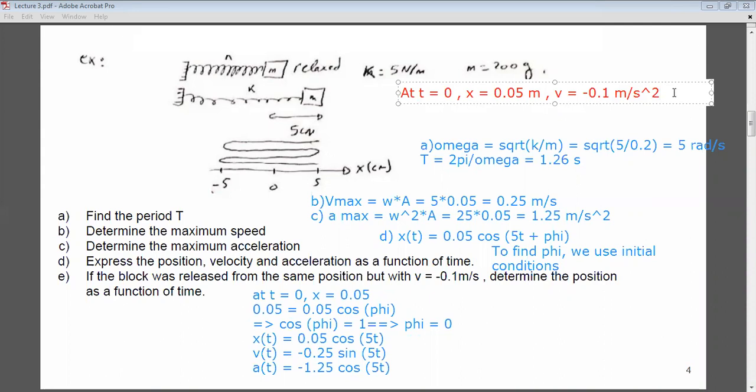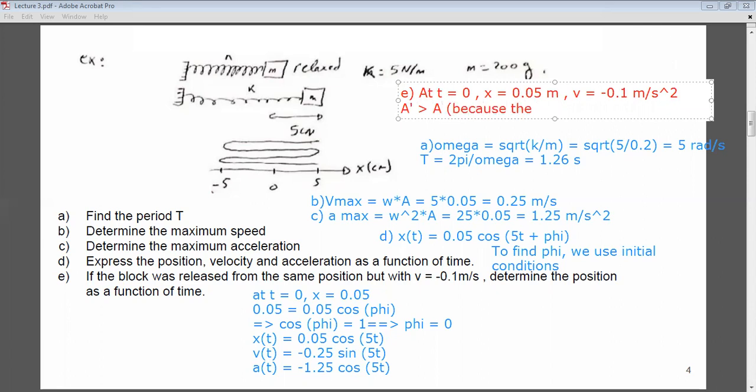This means in this case, the amplitude of oscillation was higher than 5 because it was on its way back when it passed by the 0.05. So now in part E, we have to pay attention that A prime is bigger than A. Why?